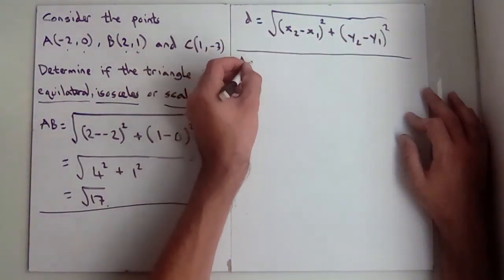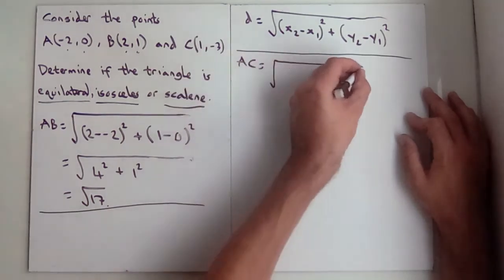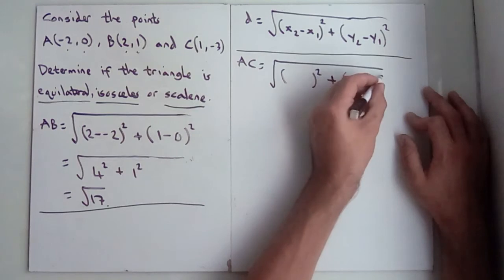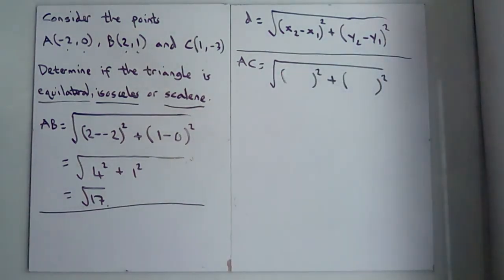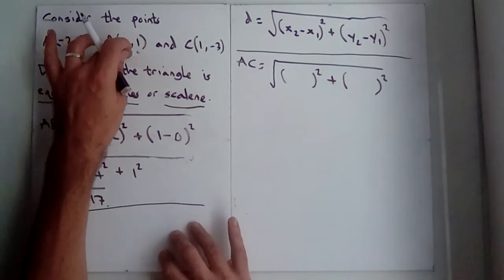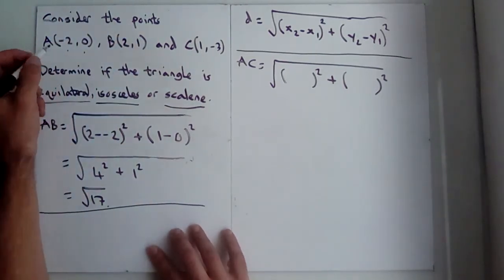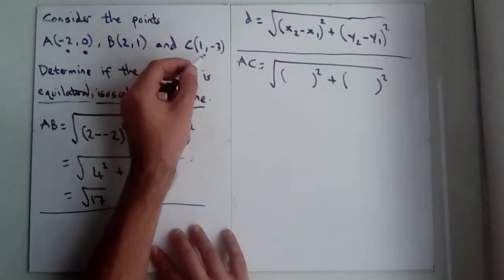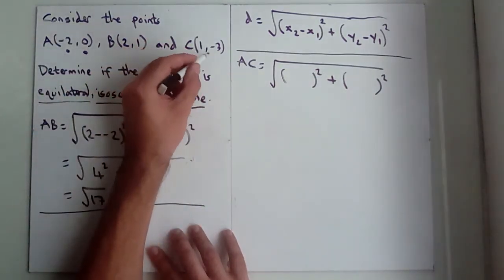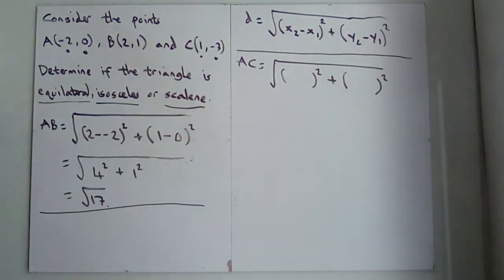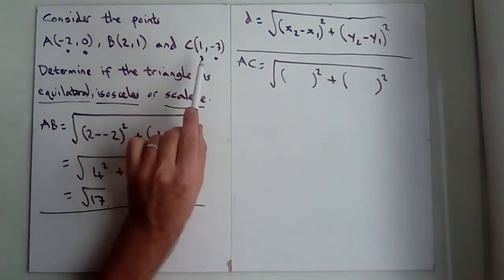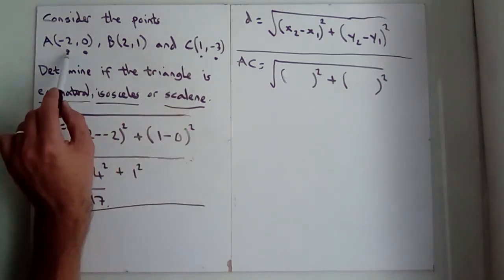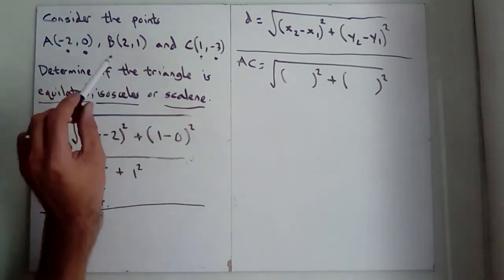So AC equals the square root of (something minus something) squared plus (something minus something) squared. For my x1, y1, I'm going to use point A, and I'm going to use point C for x2 and y2. So for the x's, we need the x coordinate of the second point take away the x coordinate of the first point. So that's 1 minus -2.